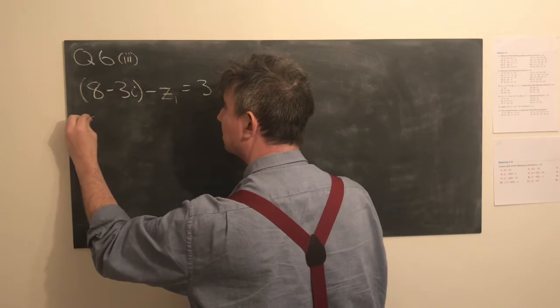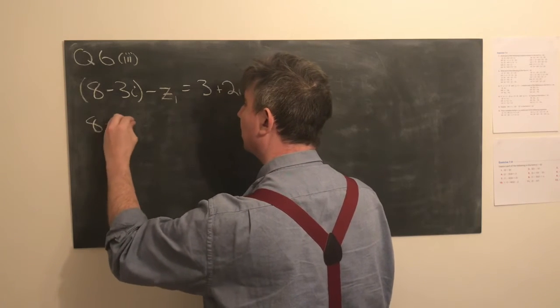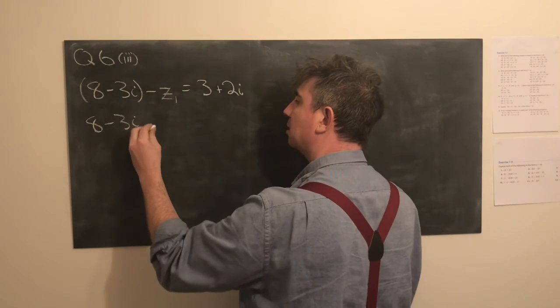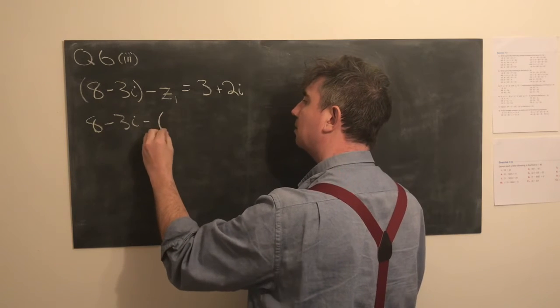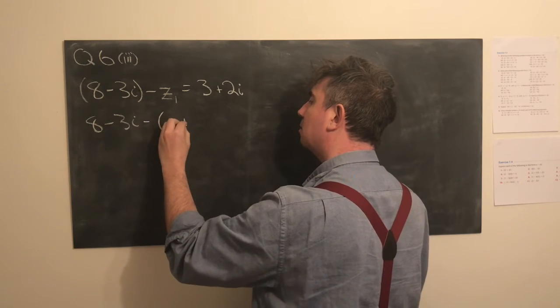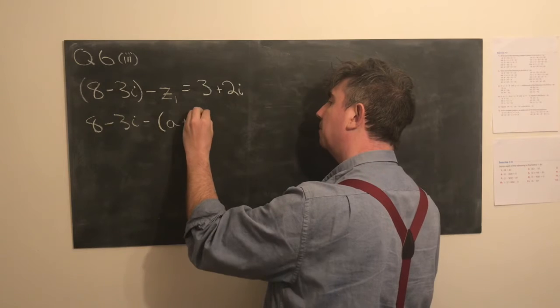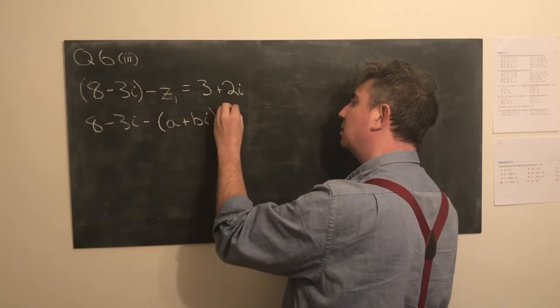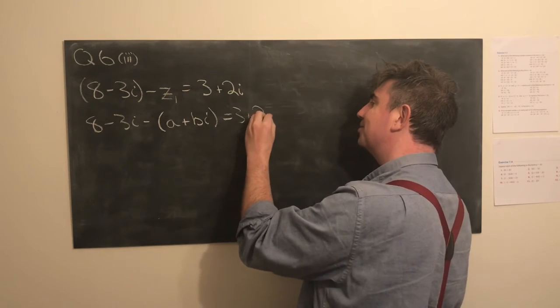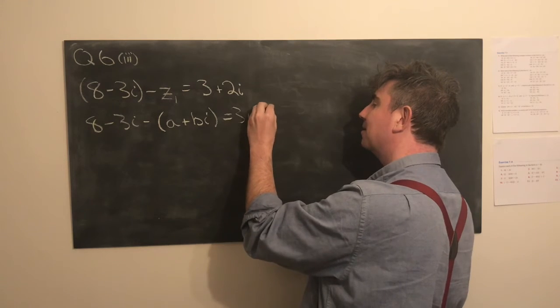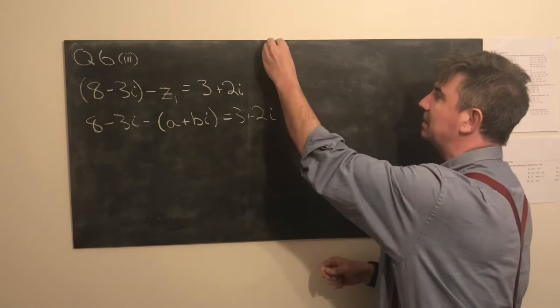I'm going to say that 8 minus 3i, from that complex number, I'm taking away the complex number a plus bi, and that's equal to 3 plus 2i. Oh, I didn't draw my line.